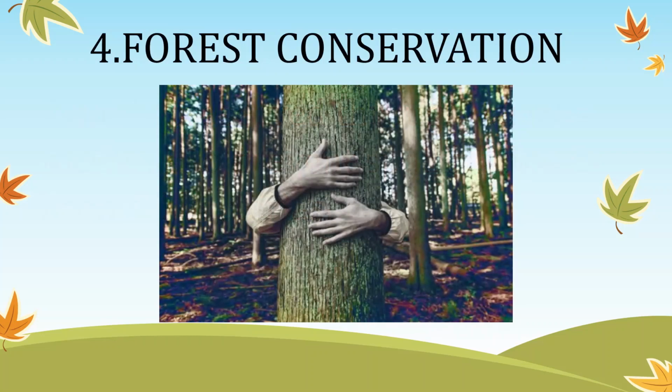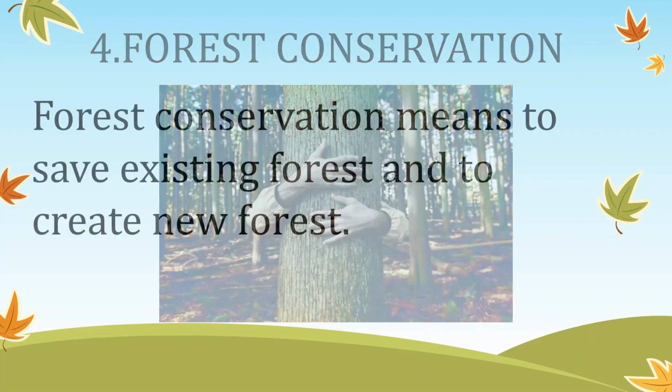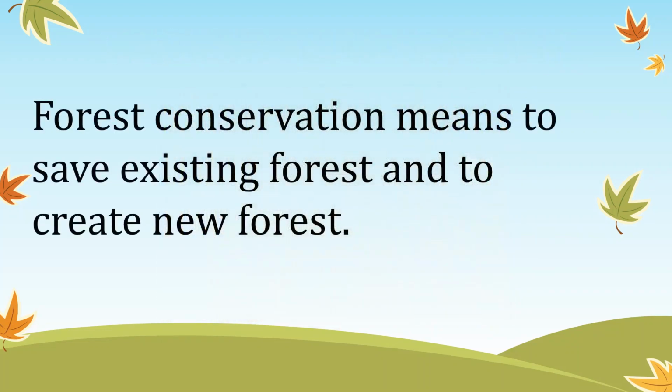More than food and water, we require oxygen for our survival. For this oxygen, we need more plants. So forests should be conserved. Forest conservation means to save existing forests and to create new forests.